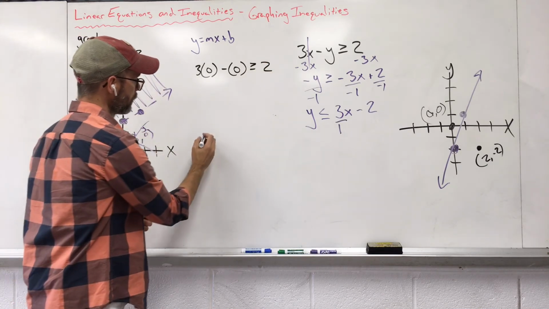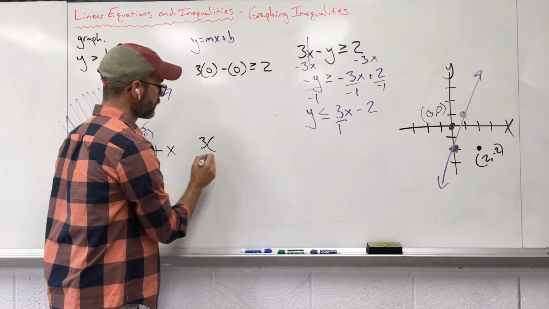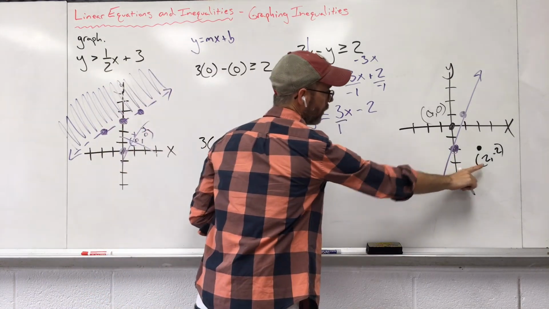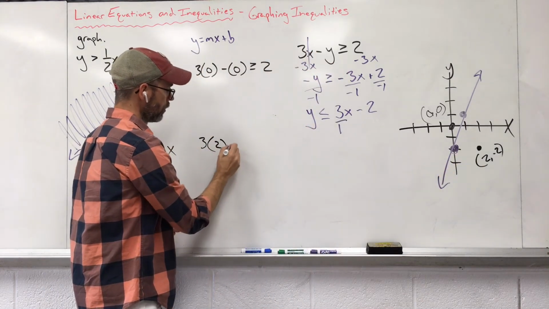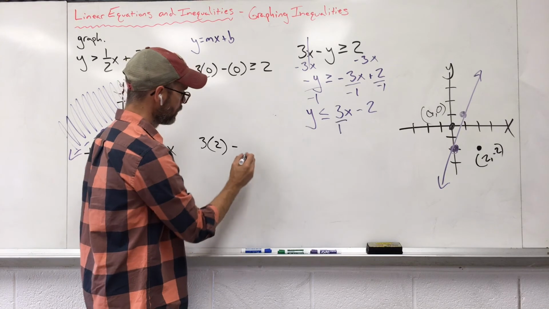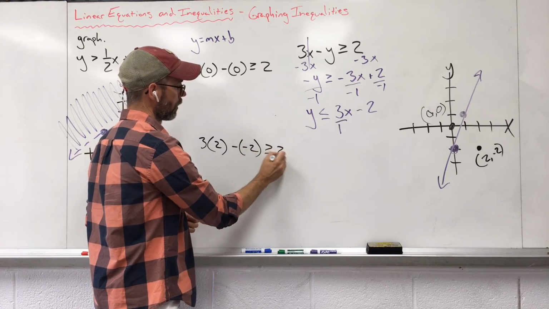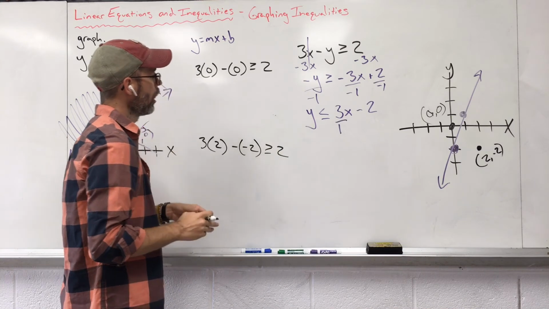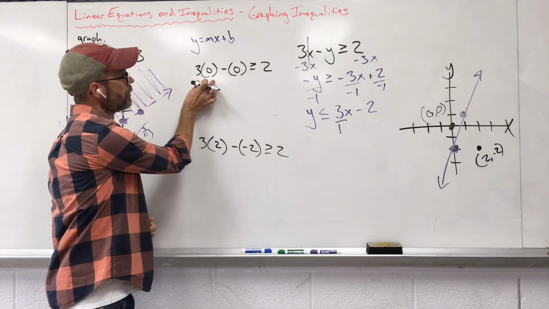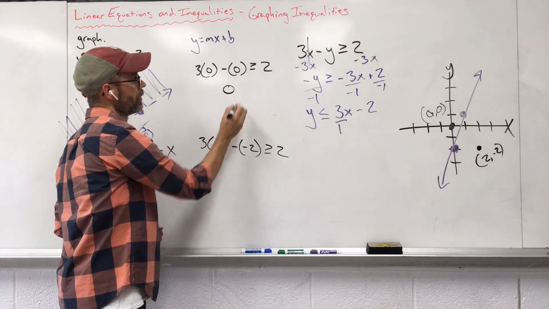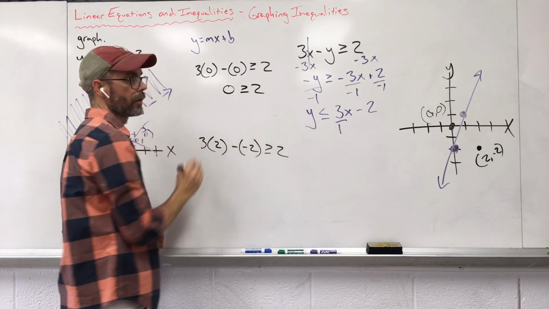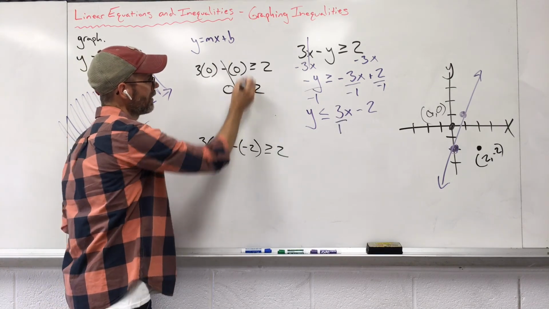And let's do it one more time down here. We're going to say 3 times my x value, which is positive 2, minus my y value, which is negative 2, greater than or equal to 2. Okay, up top, 0 minus 0 gives us 0. Is 0 bigger than 2? No, that doesn't make sense.